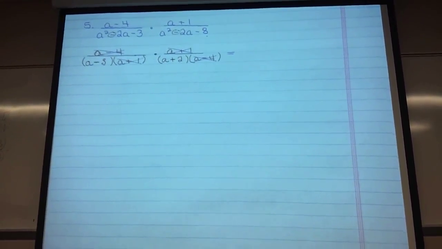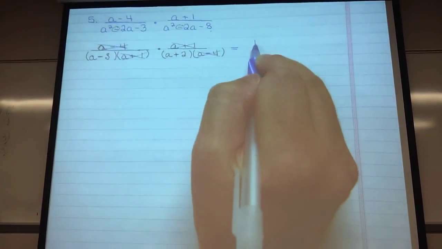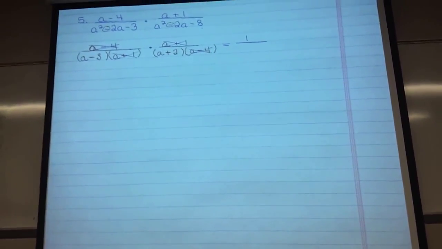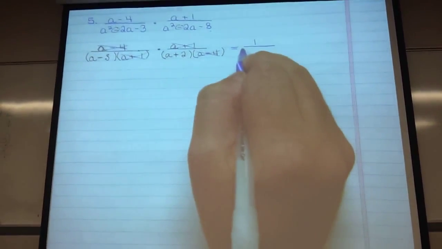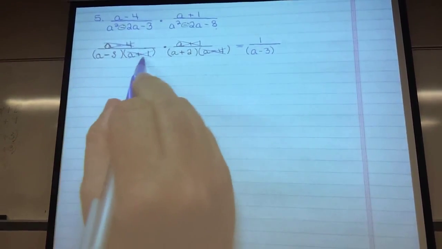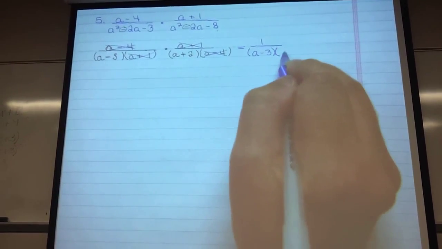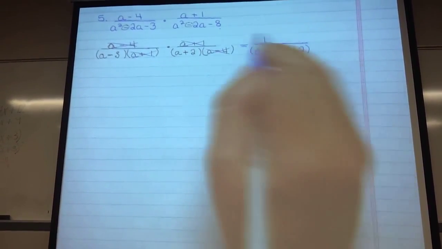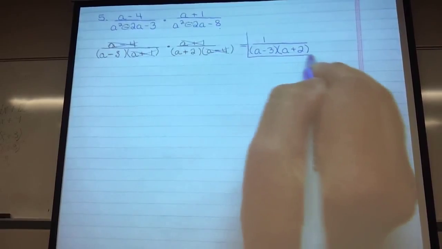That's the placeholder. You got to show you have something up there. And what do you still have on bottom? You have a minus 3, a plus 3, and an a plus 2. Do not FOIL those back. If you FOIL them, then it's not simplified. That's as far as you can get.